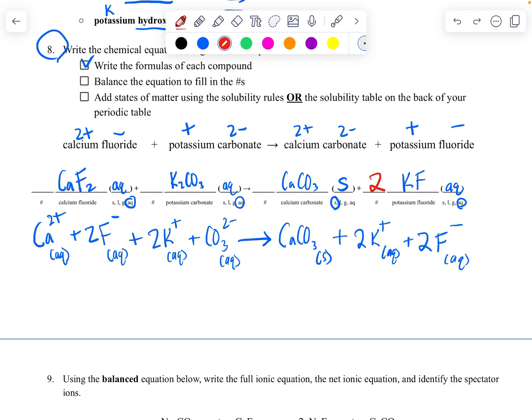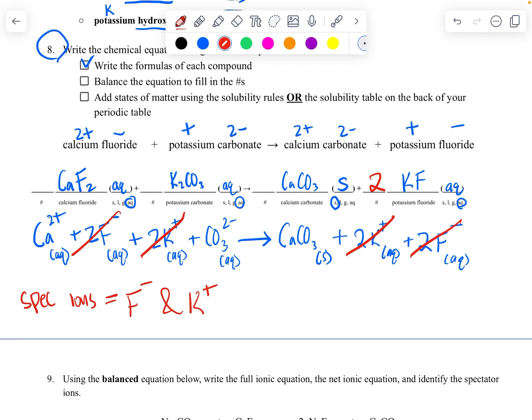It stayed the same. For example, 2 K plus, 2 K plus, they're completely identical, right? So you just cross those away. Same thing with the 2 F's. So what are my spectator ions? Spectator ions are going to be the F minus and K pluses.